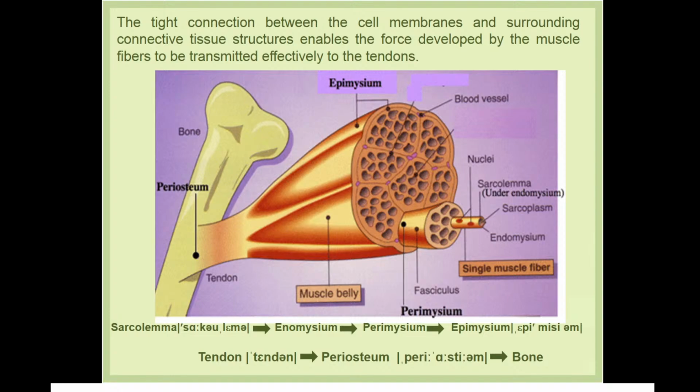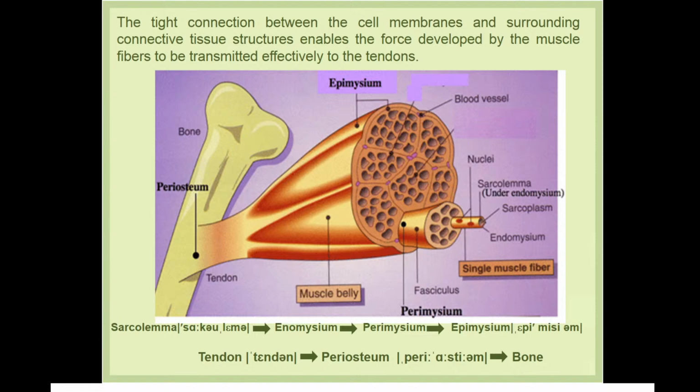This tight connection between the cell membranes and surrounding connective tissue and then with the bone structures enables the force developed by each muscle fiber to be transmitted effectively. First of all, these single elementary forces of all fibers are gathered, and after that they are effectively transmitted to the tendons.